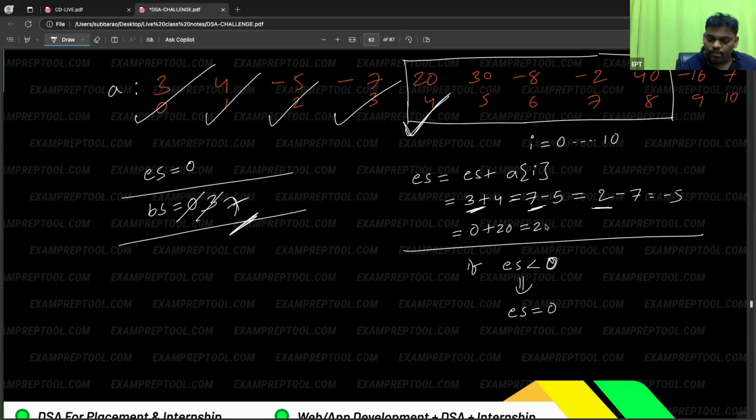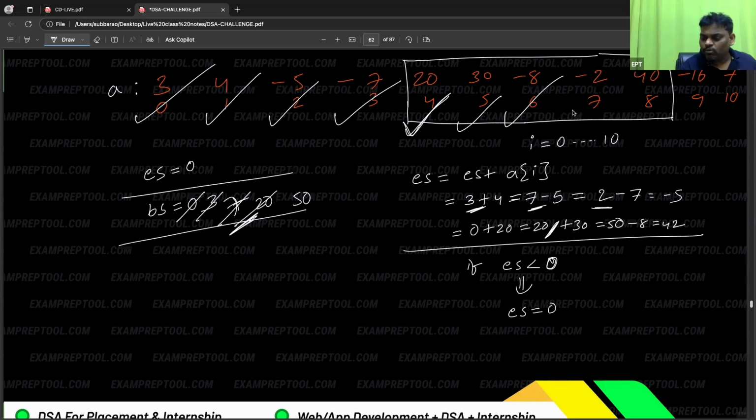It is 20. Is it better than the previous one? Yes, so change it. Next one, 30, which makes 50, is better than the previous one. Change it. Next one, -8, which makes 42, is not better than the previous one.